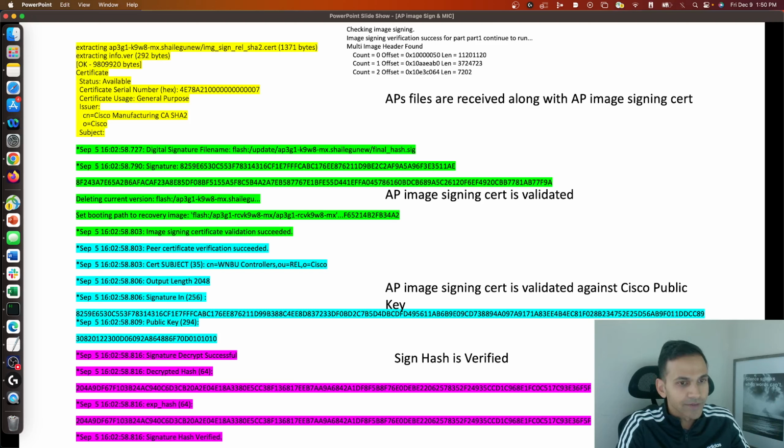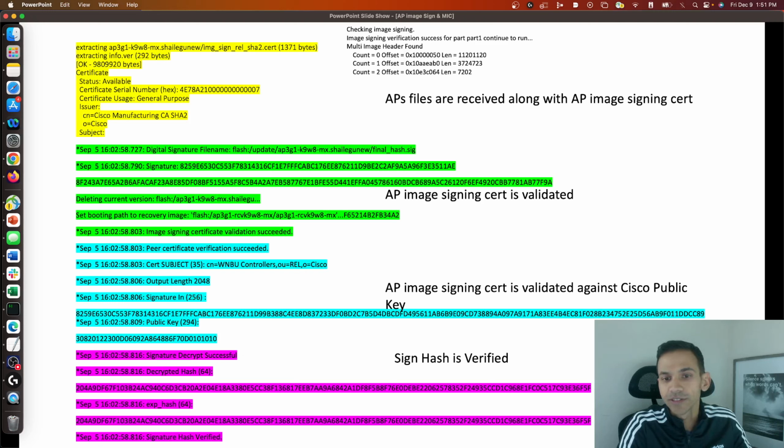Cisco verifies it with the help of the Cisco public key, and we are able to decrypt that hash and compare it. Okay, this is good, and it can move forward to see if there is a new image or not, and then download the new image from the controller.